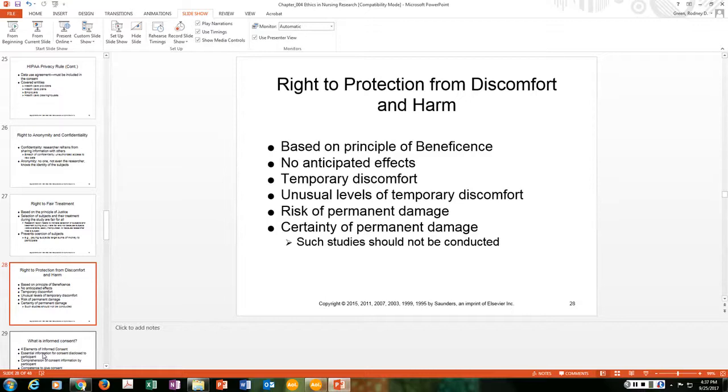Actually, that would be asking someone to relive painful events in their life. Now, risk of permanent damage. A study that has to do with administering new drugs or new surgical procedure. And the last one, certainty of permanent damage. Such studies should not be conducted.